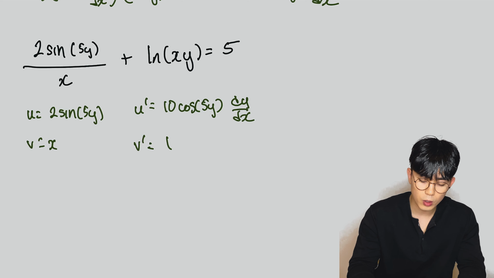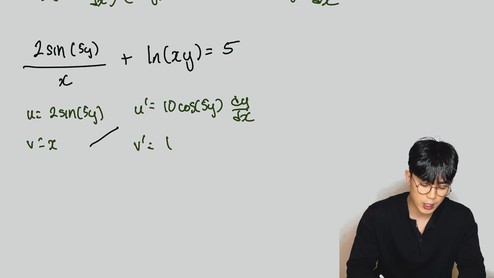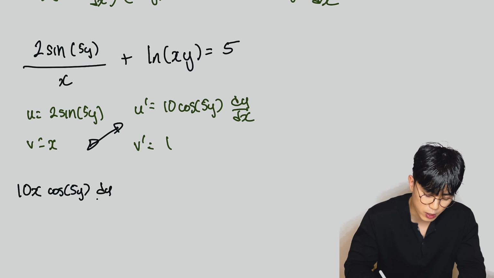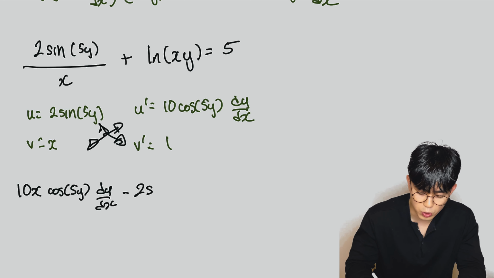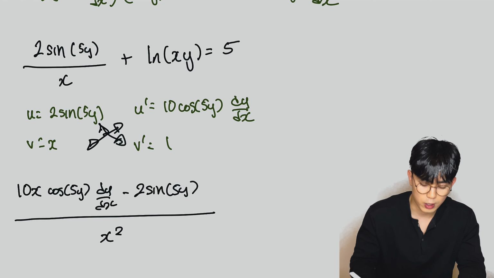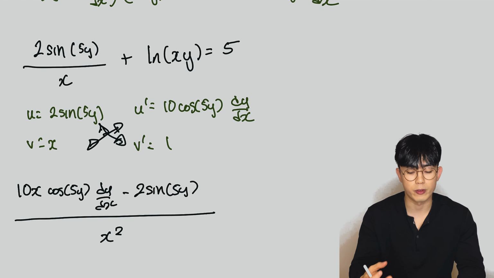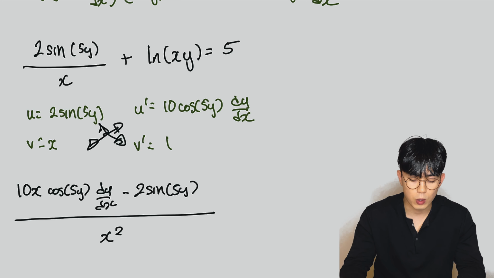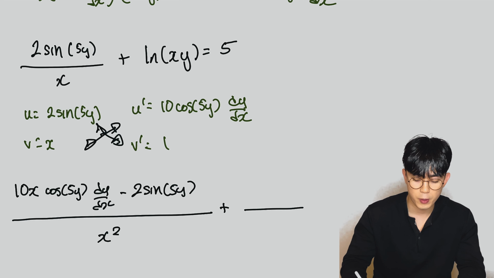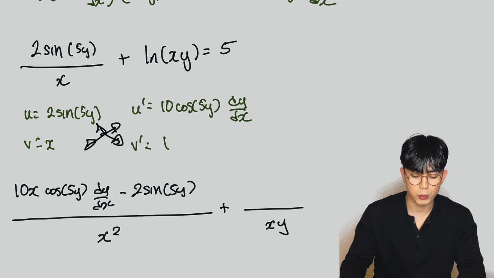So we're going to have v times u prime, so it's going to be 10x cos 5y dy by dx minus u times v prime, so 2 sine 5y, all over v squared, so it's x squared, like this. So even though it's a bit long, the quotient rule still applies, right? Right, ln xy, so we know ln terms is always going to be a fraction when we differentiate, with 1 over xy.